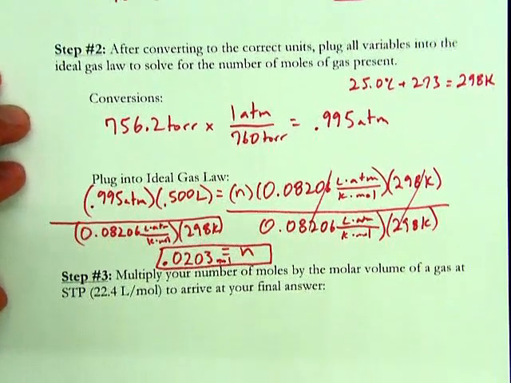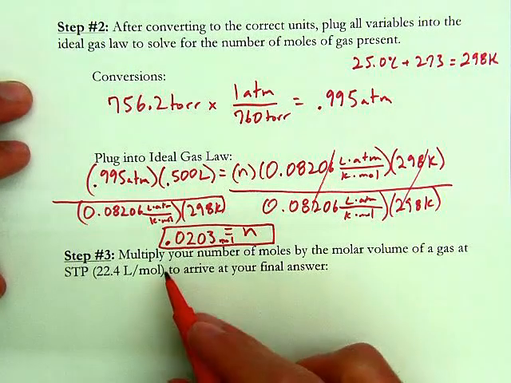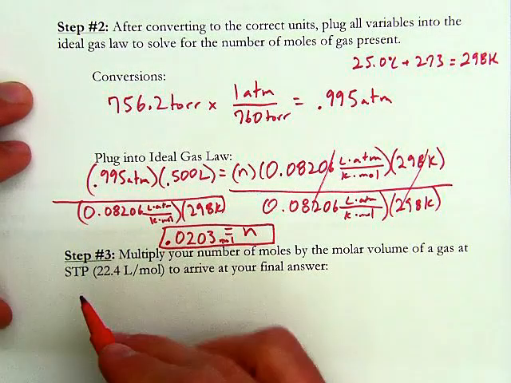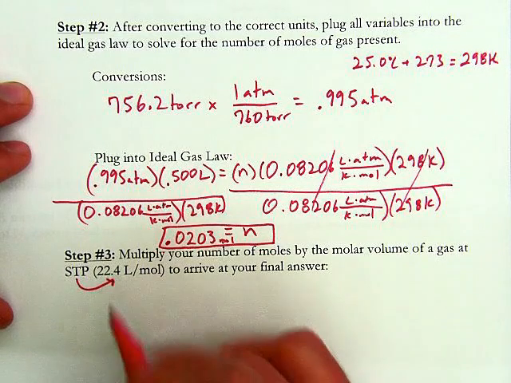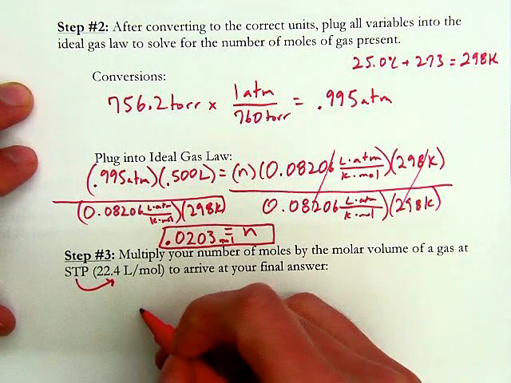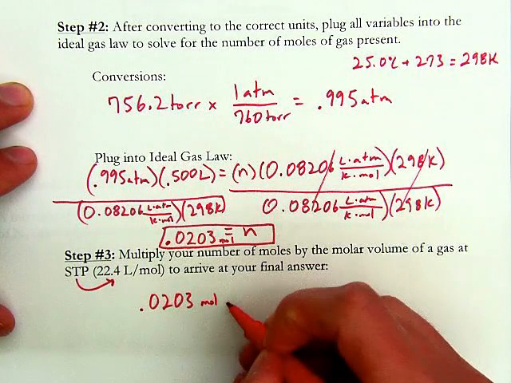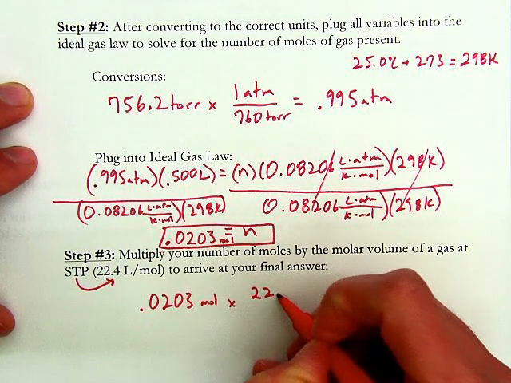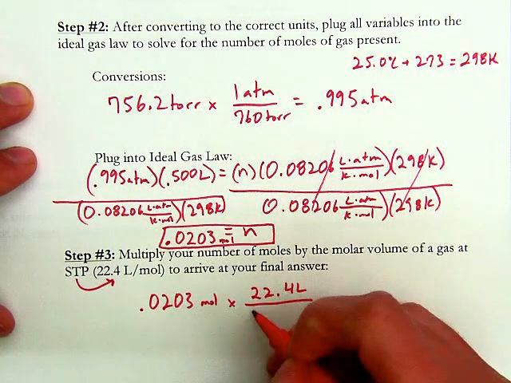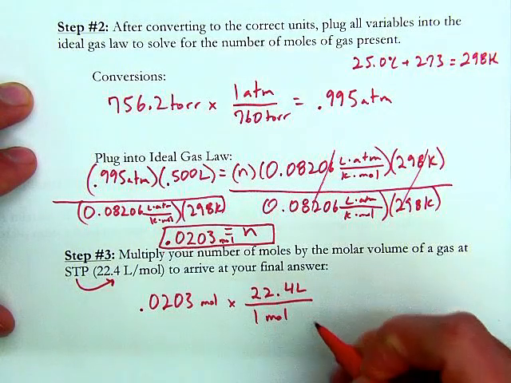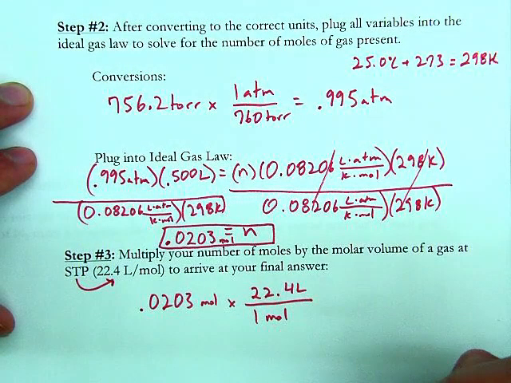The final step is to know what volume that will occupy at STP. Well, at standard temperature and pressure, 1 mole is 22.4 liters. So we can simply take our number of moles and convert it to liters using 1 mole is 22.4 liters. That's the molar volume of a gas.